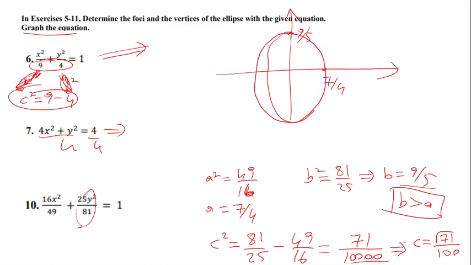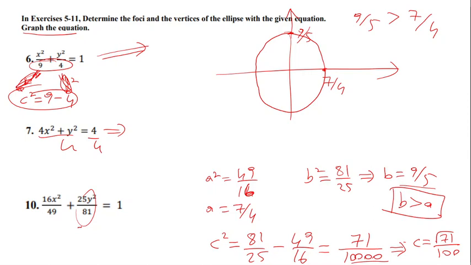Something like this. Now 9 over 5 is bigger than 7 over 4, and where are the foci? The foci are on the long side. This is the long side here.